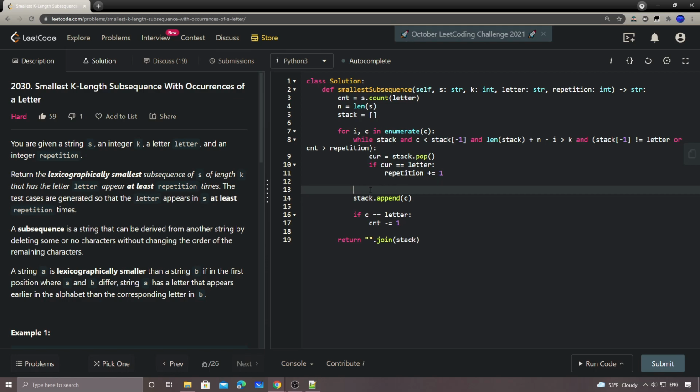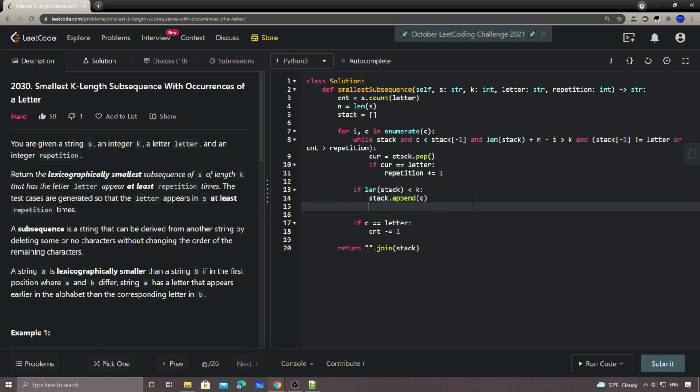So the next thing is like this. When can we append this thing, right? Since we have this length k here, we need to add this thing here. If the length of the stack is smaller than k, then that's when we can append. And once we append that, we also want to check a similar thing.